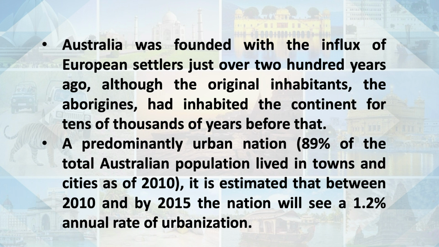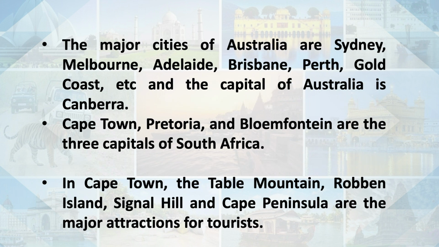It is a predominantly urban nation, where almost 89% of the population lived in towns and cities, as of 2010. The major cities are Sydney, Melbourne, Adelaide, Brisbane, Perth, and Gold Coast, and the capital is Canberra.